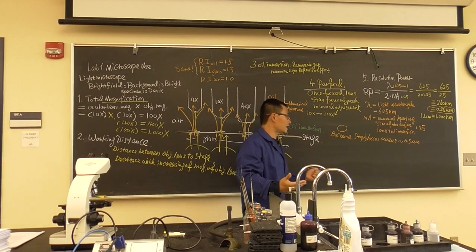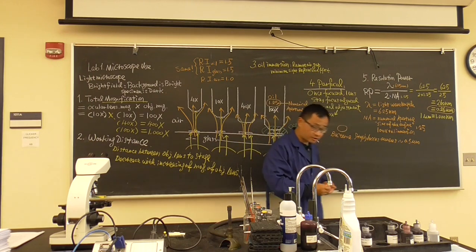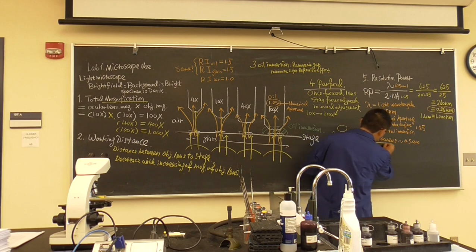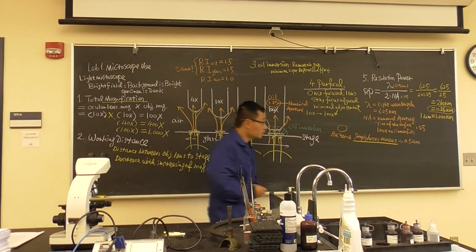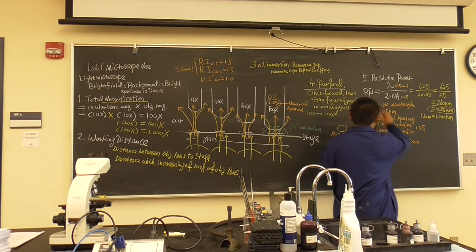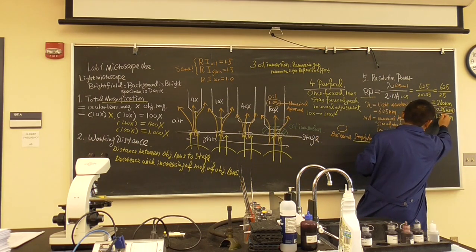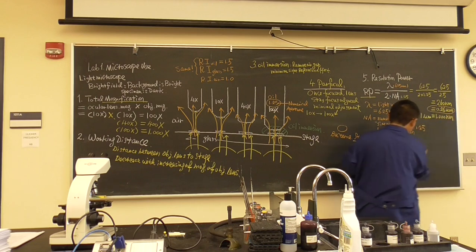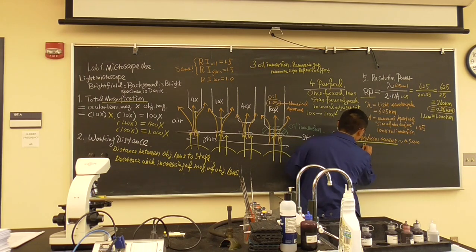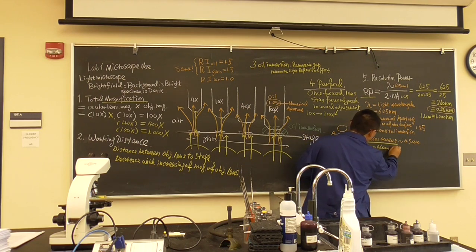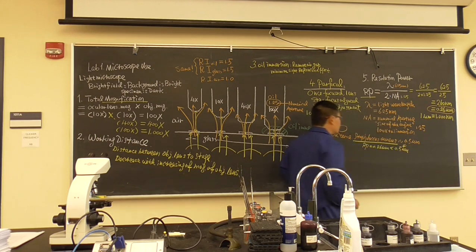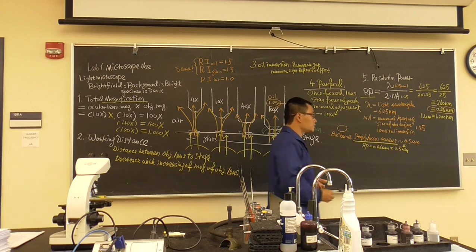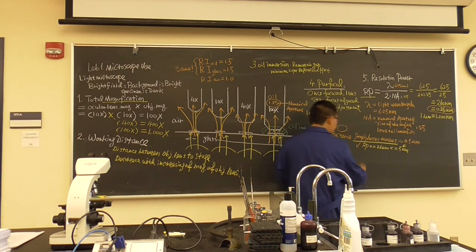So can we use a light field microscope to observe Staphylococcus aureus? Yes, we can. Why? Because our resolution power of 0.26 micrometer is less than 0.5 micrometer, the size of Staphylococcus aureus. So we can use a light field microscope to do the observation.